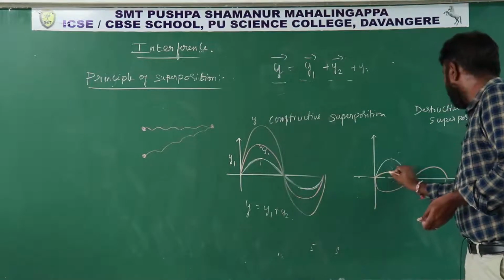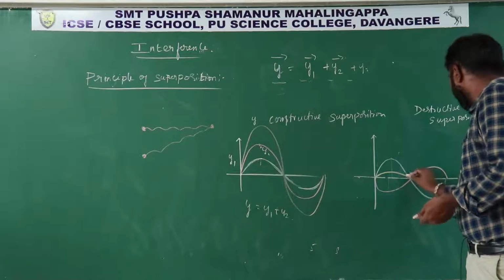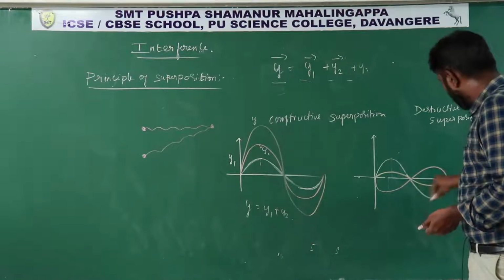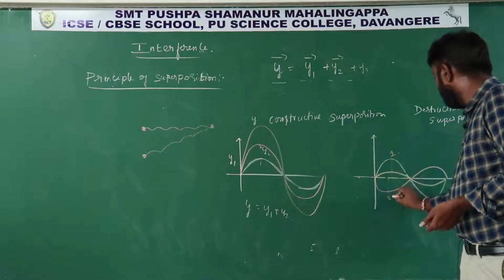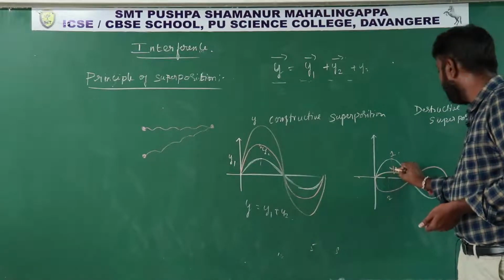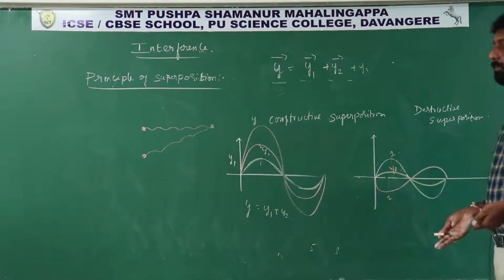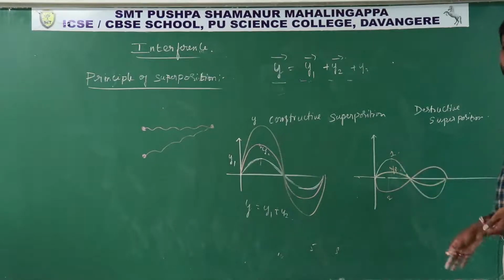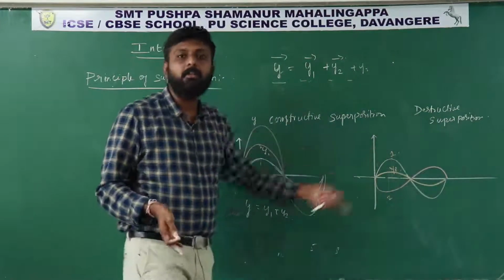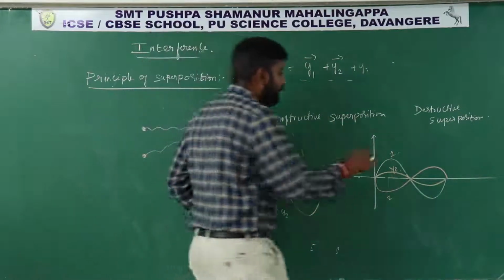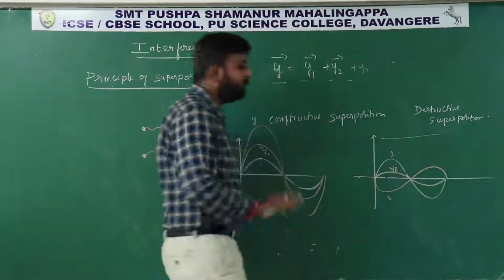This is the resultant wave due to superimposition of two waves. This is first, this is second, and this is the resultant wave. So this is destructive superposition. If two waves having the same amplitude superimpose destructively, we won't get any resultant wave, just a straight line.